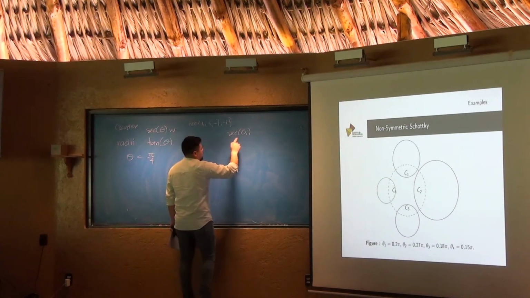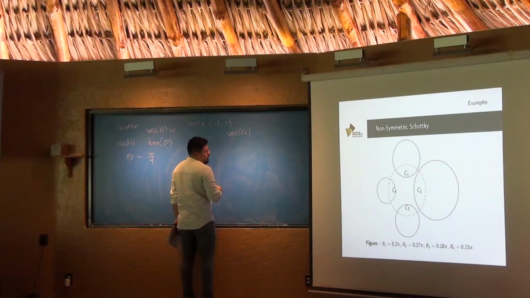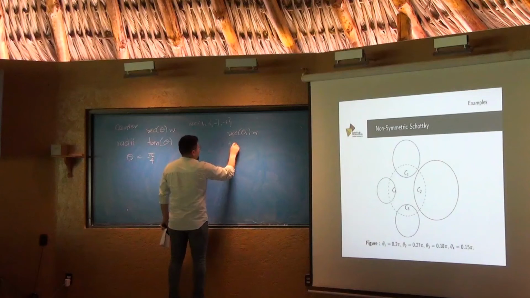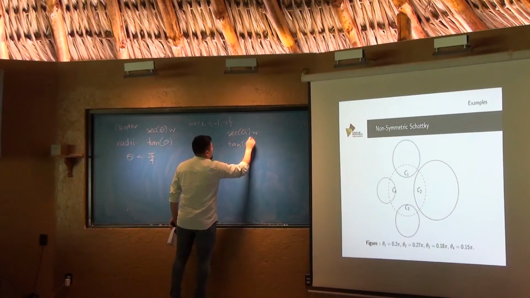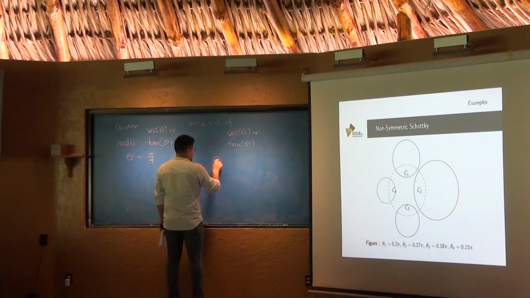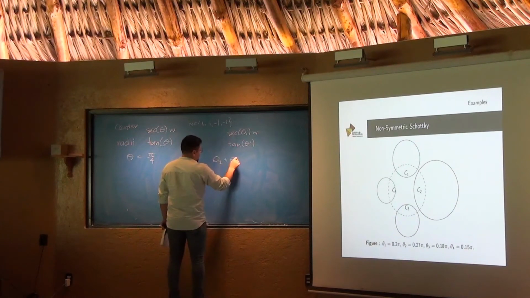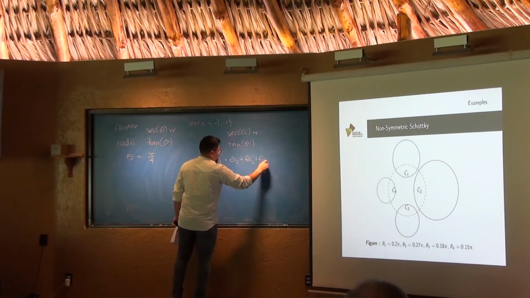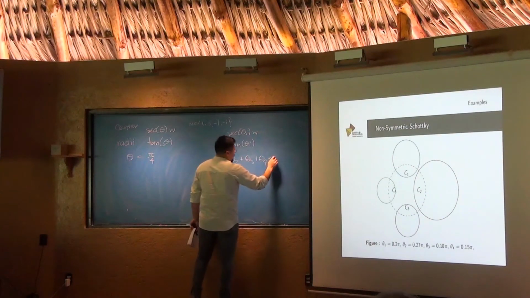You now need 4 angles, and you have theta 1 plus theta 2 plus theta 3 plus theta 4 has to be lower than pi.